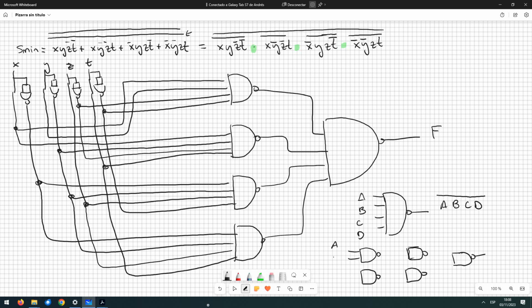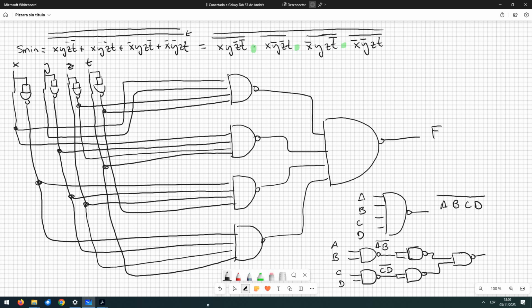We are going to connect the inputs to this level. We are going to invert this output, and we are going to connect the inverted output to the last NAND gate. Here we have this.